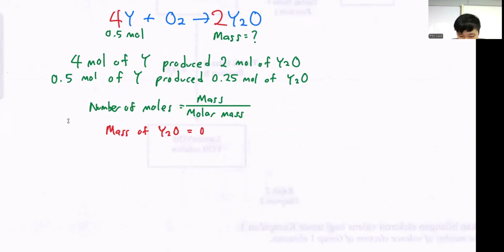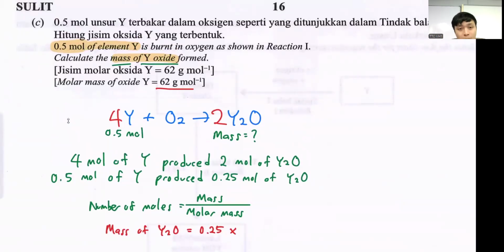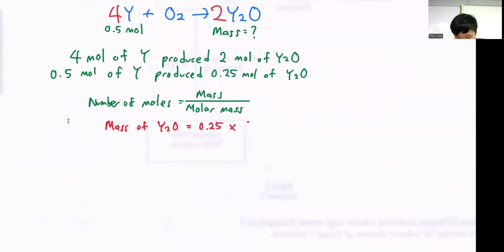So mole is 0.25 multiply, they give you, right? Molar mass of Y oxide 62. I'm sorry, it's so simple. 15.5 gram, am I right?